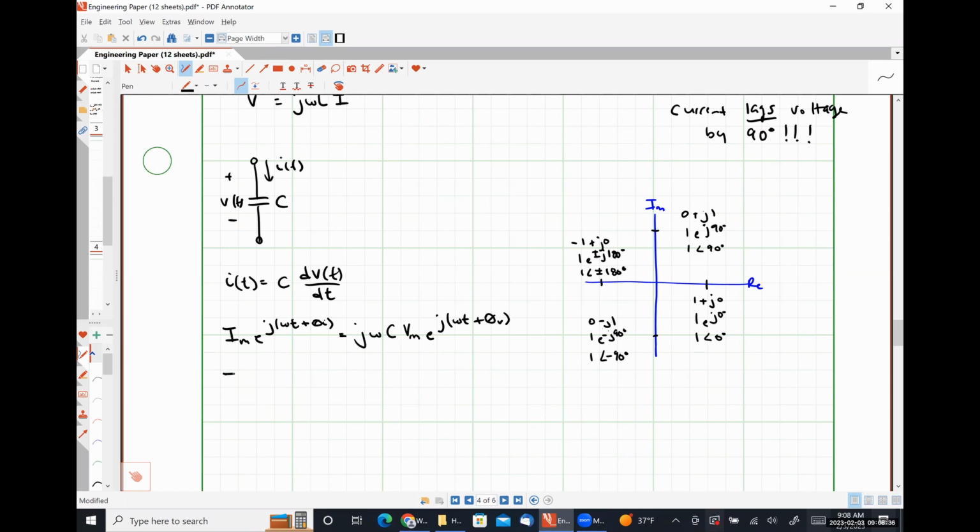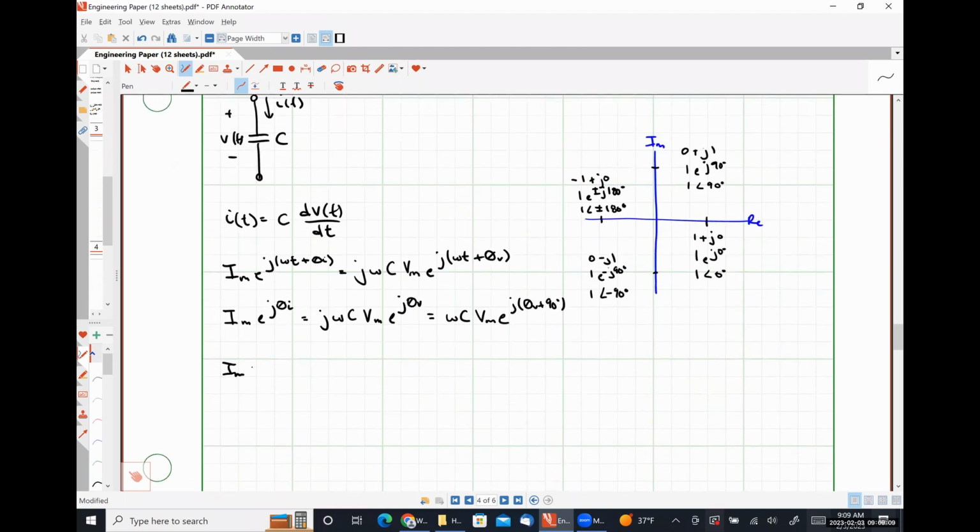Since there's a common factor of e to the j omega t on both sides, this is going to look like Im e to the j theta I is equal to j omega C times Vm e to the j theta v, which we could say is the same as omega C Vm e to the j (theta v plus 90 degrees), using the same identity that we used a moment ago.